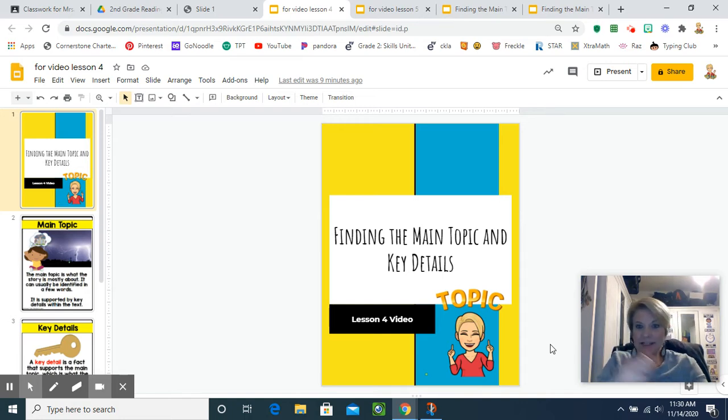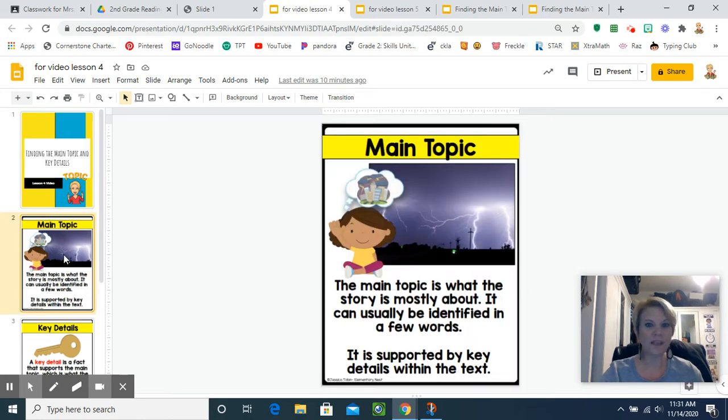All right, so we are going to continue working with finding the main topic and key details. Let's go back and do a quick review since you had a weekend break. This is our anchor chart for main topic. Remember, main topic is what the story is mostly about, and it can usually be identified in just one word or a few words.